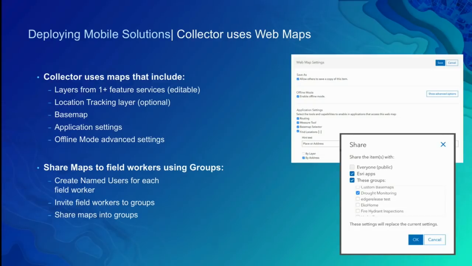There is another type of hosted layer that you can add to your map called a location tracking layer. And if you add location tracking, then as you're collecting data, when the app is in the foreground, you can collect a breadcrumb trail of where you've been. So the location tracking template can do that. Now you could also use Workforce along with Collector and use it as your source of location tracking.